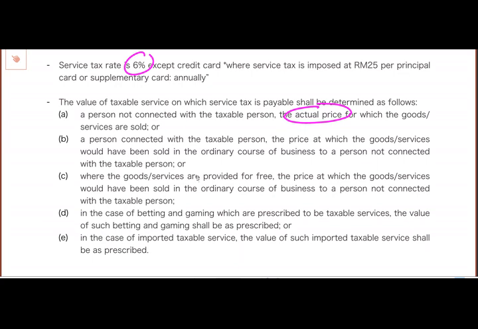But if a person is connected with you, a related party, then you have to use the price that you would have imposed if that person were not related to you. That means you're using market value, arm's length value, okay? You're using arm's length value.